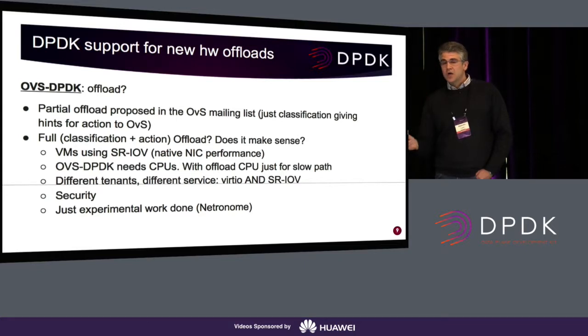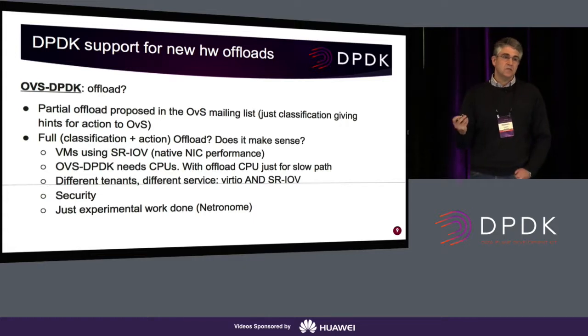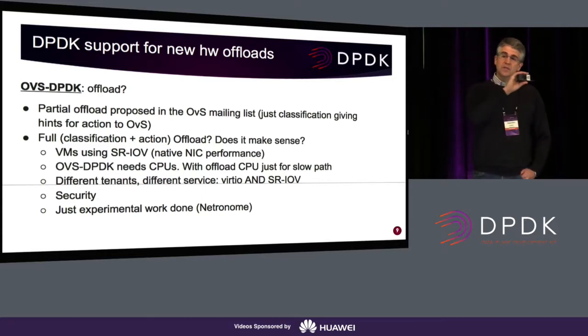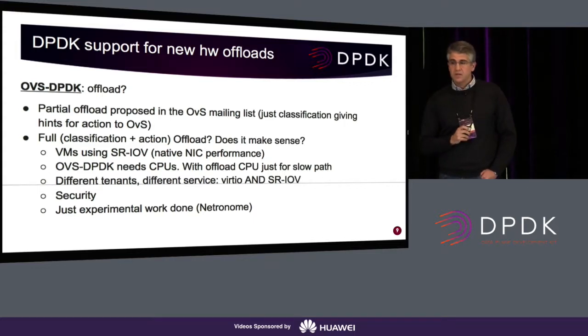So you use part of the hardware possibilities for doing the classification. You put that hint about the classification inside the mbuf, and when the packet goes to OVS DPDK, it doesn't need to do the classification. It just uses this hint for applying the action.